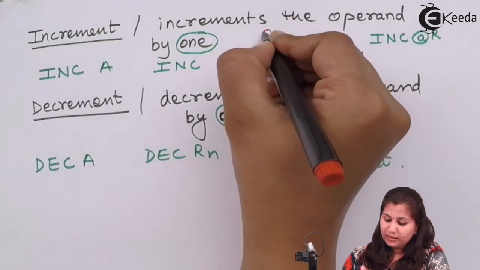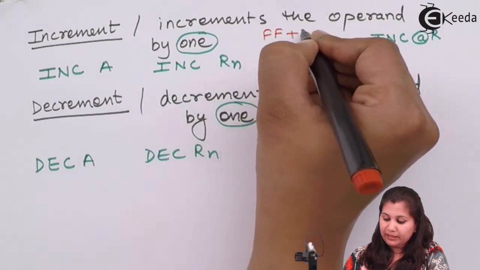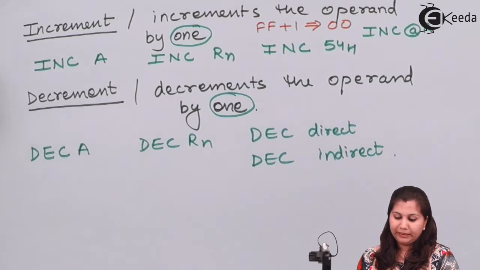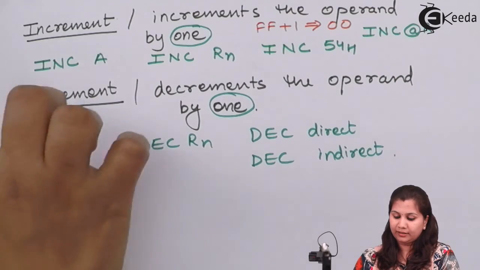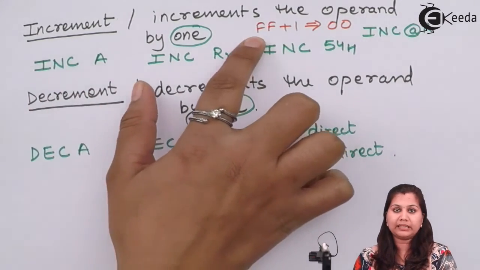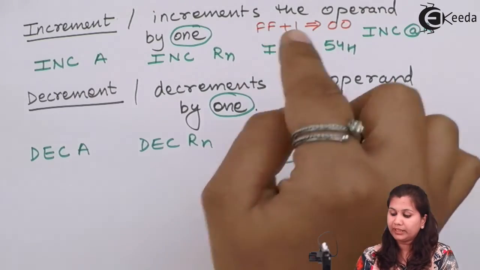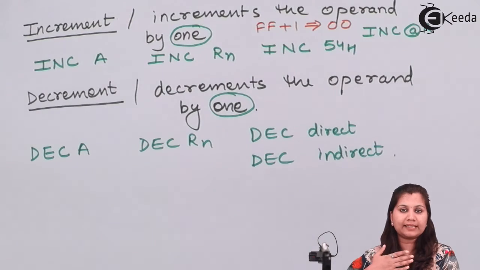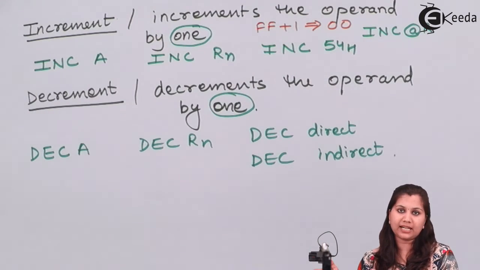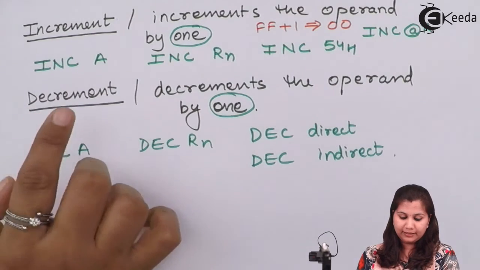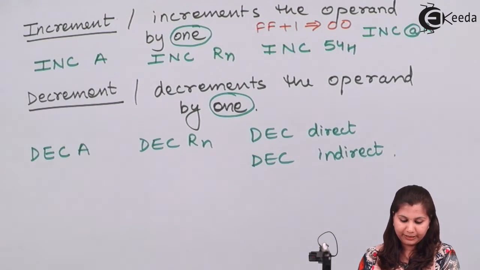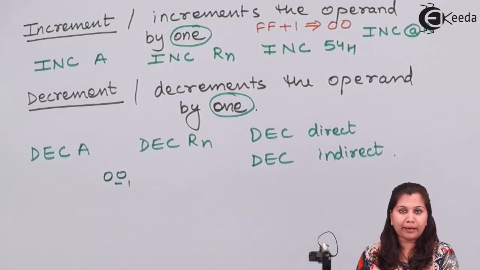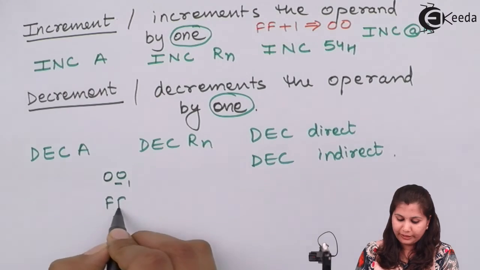When the number is FF and it is incremented by 1, it again reaches 00. Then again it starts incrementing like 00, 01, 02. Similarly in the case of decrement, if we are decrementing the number 00 by 1, it will come back to FF.